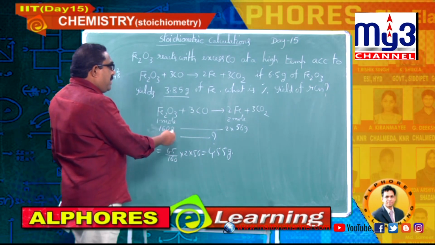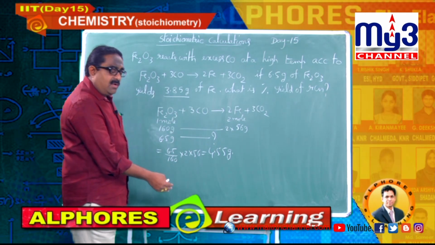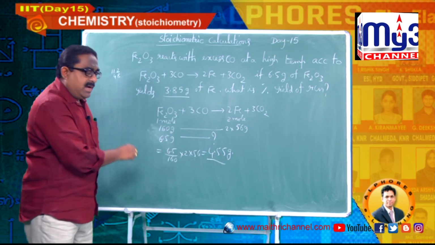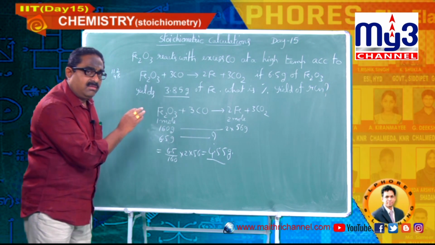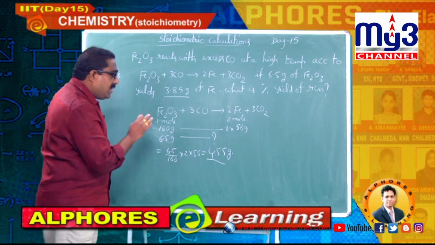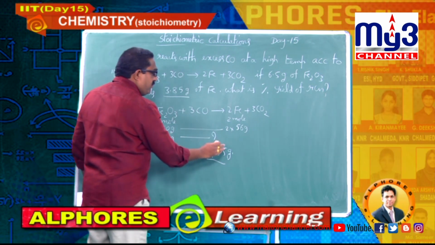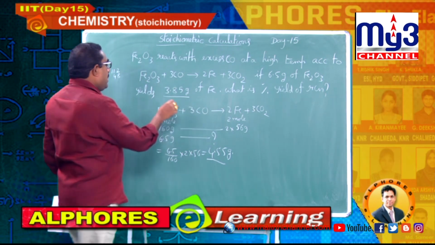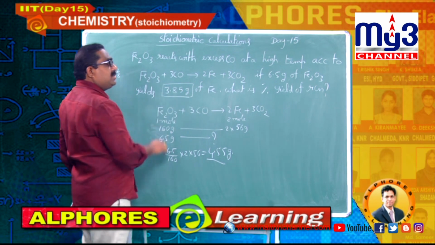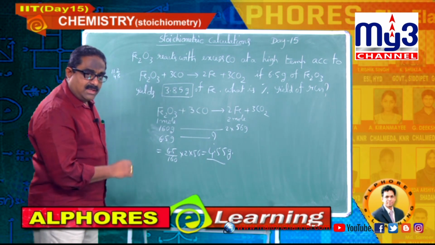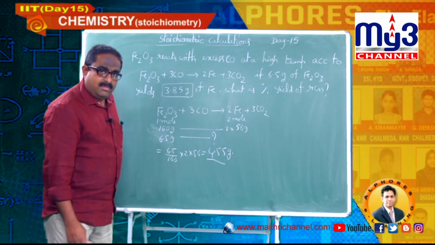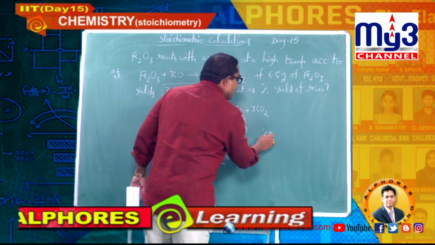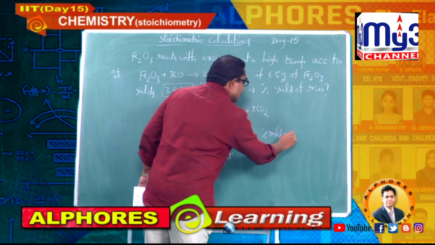As per the balanced chemical equation, we can estimate theoretically, using stoichiometry concepts, that 4.55 grams of iron have to be obtained. But how much iron was actually obtained in his designed process? Only 3.85 grams because of the practical losses. Now you can go for the percentage yield calculation.